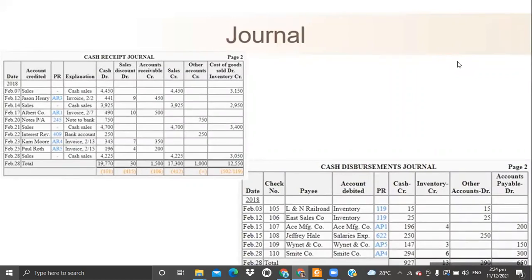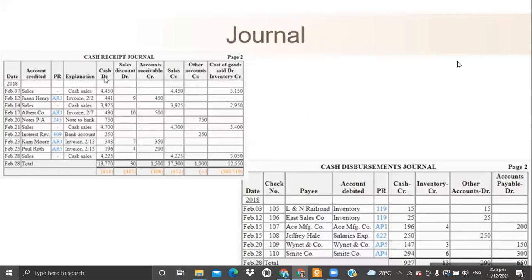Minsan may interest discount, lalo na pag may promo, or may kasunduan na pag nakabayad sila on time, pwede silang makakuha ng 5% discount. So, yun yung makikita natin, pati yung mga names ng mga naging customer or clients.